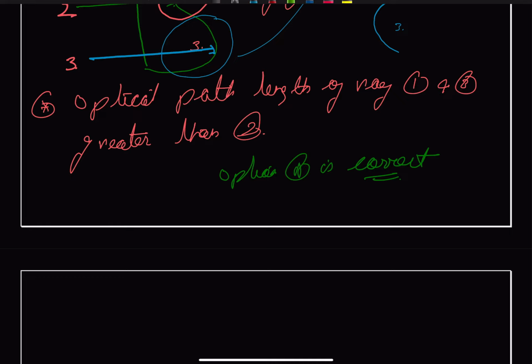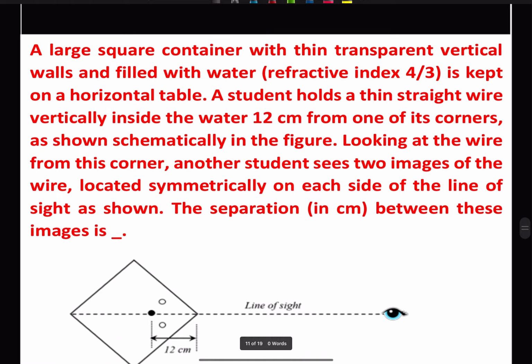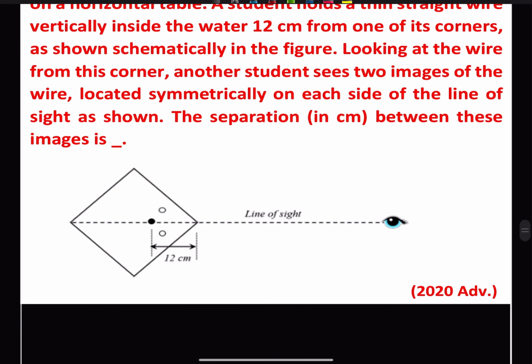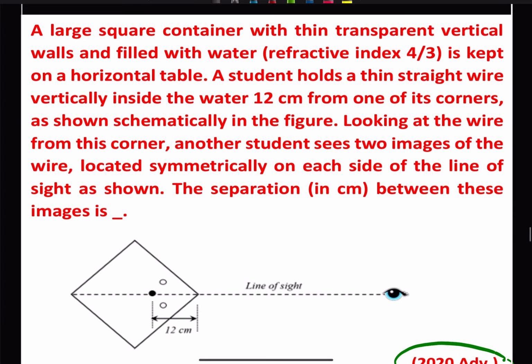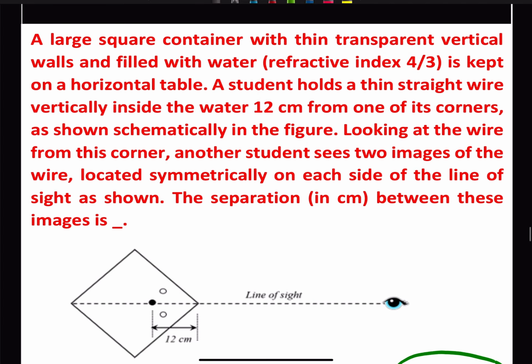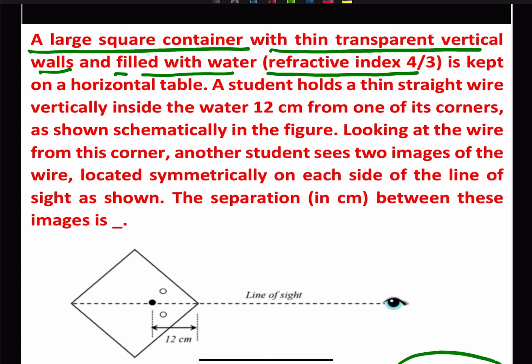Next question. It was also asked in the year 2020 Advanced, and it states that a large square container with thin transparent vertical walls, filled with water of refractive index 4 by 3, is kept on a horizontal table.